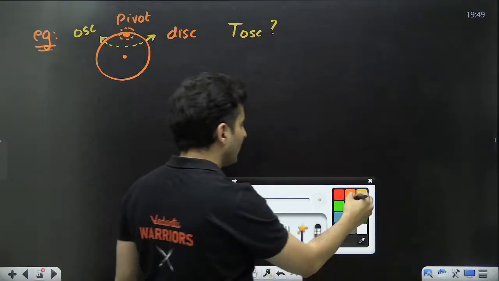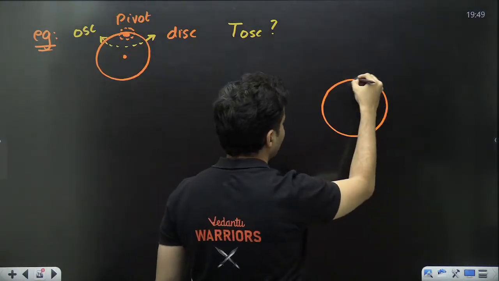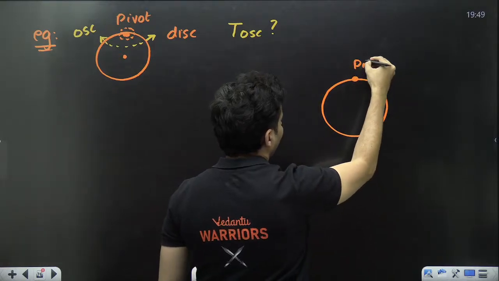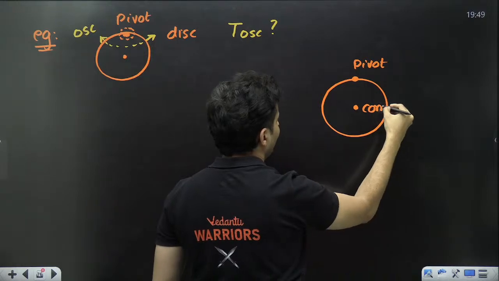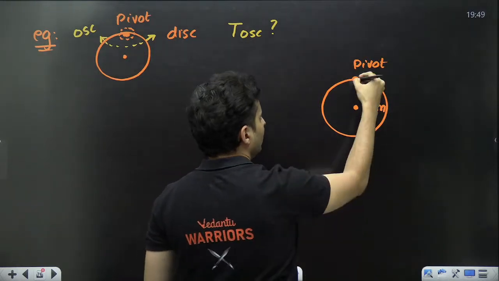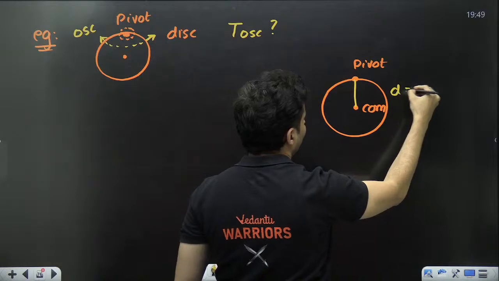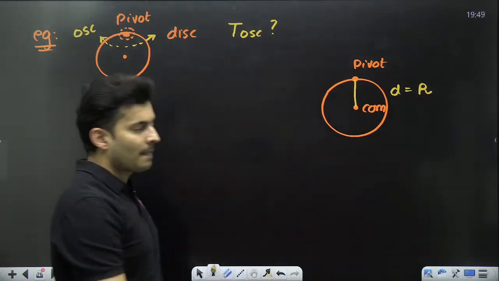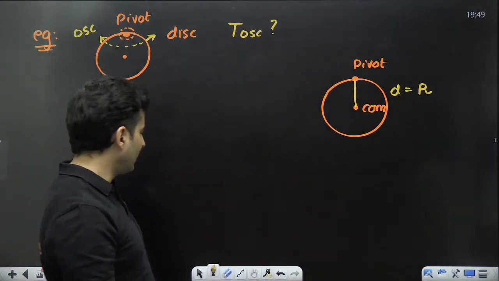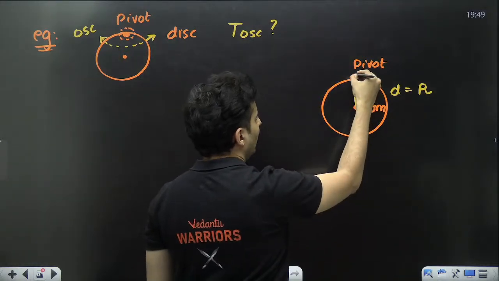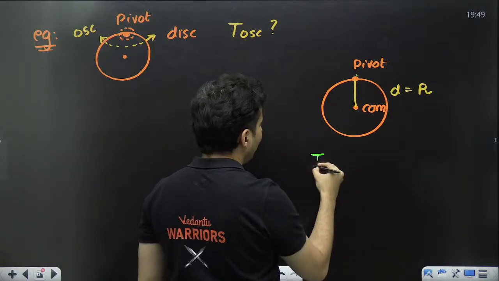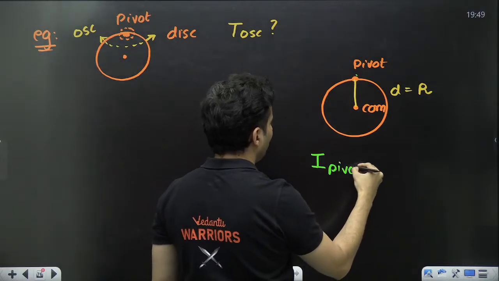Now, in that particular disc, this is the pivot point, and this is the center of mass. Naturally, the distance d over here is the radius. I also need to find the moment of inertia about the pivot point.